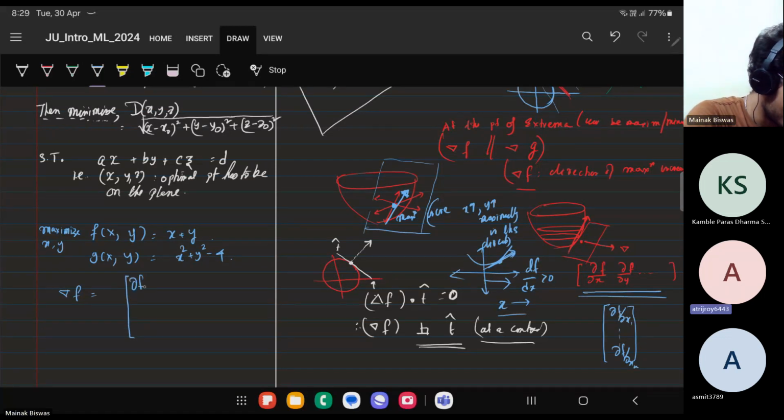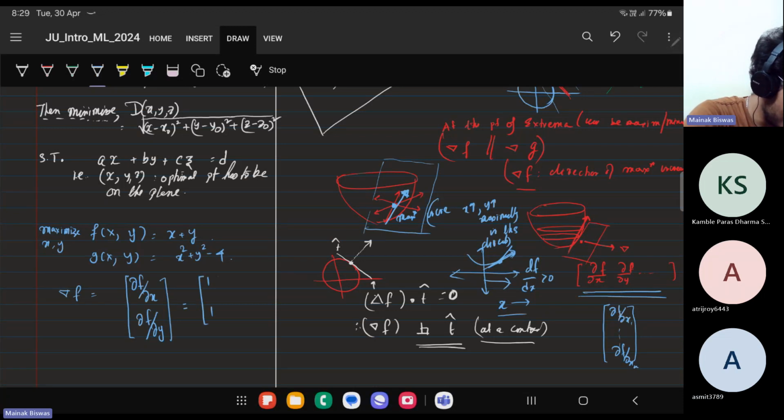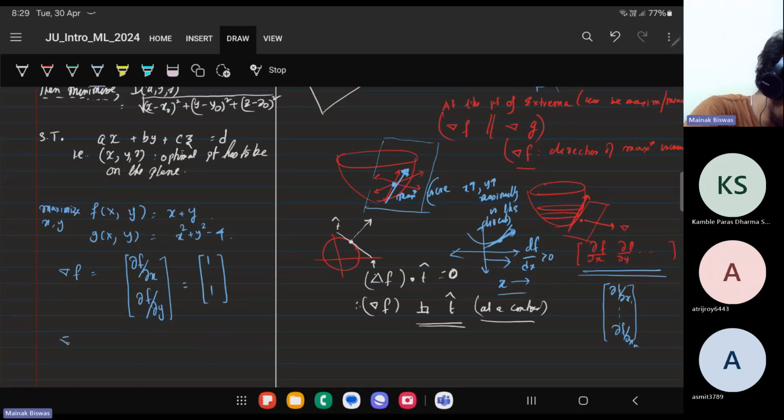Yes, the derivative here means partial. What is it? 1, 1. It's the stack of all the derivatives, right? So what is the gradient of g? 2x, 2y. So it is 2x, 2y.